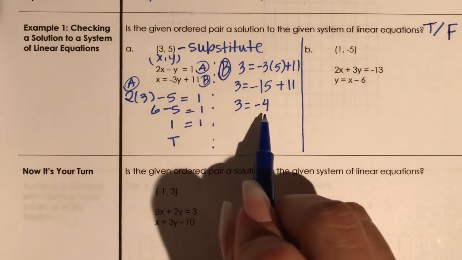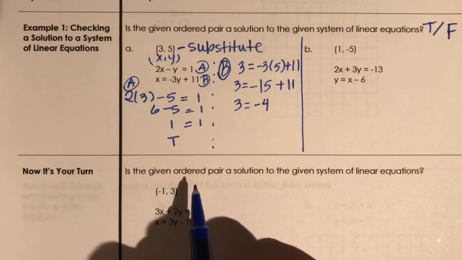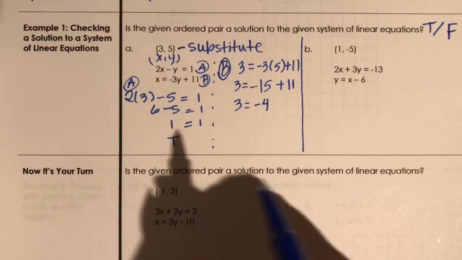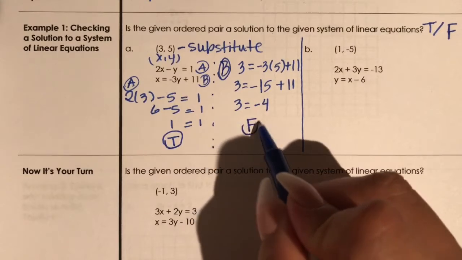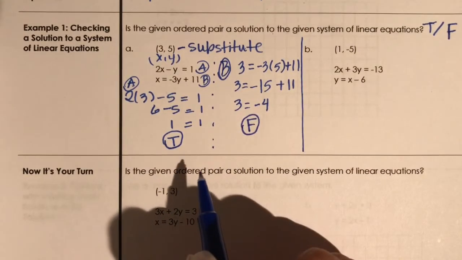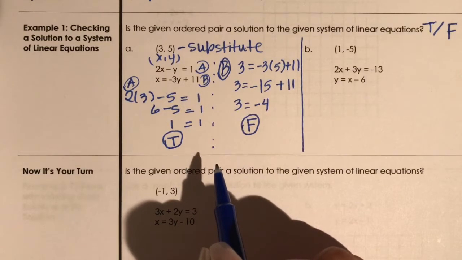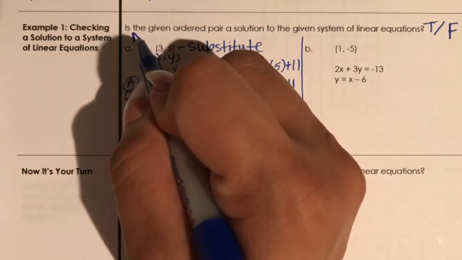The left hand and the right hand side of an equation must be equal for the equation to be true. In this case, the first one was true and this one is false. So, the question states, is the given ordered pair a solution to the given system of linear equations? In this first case, the answer is no.